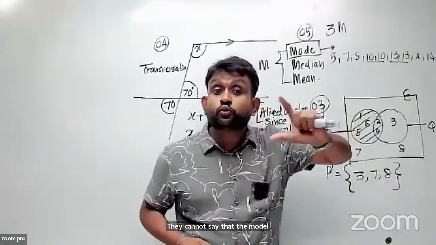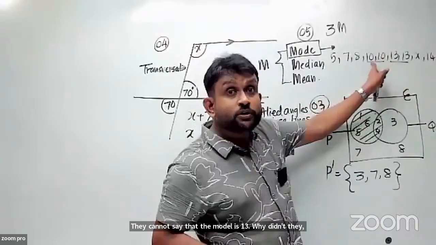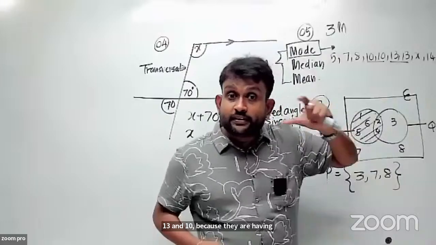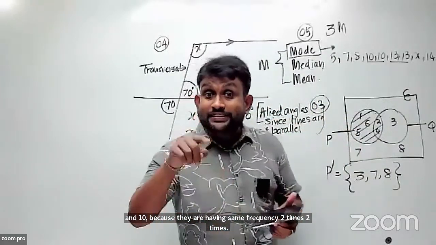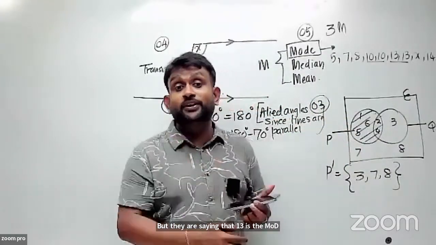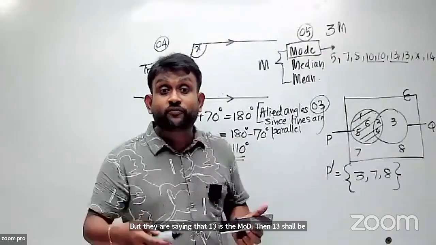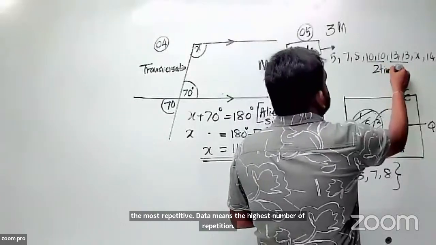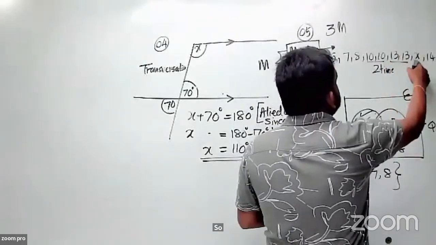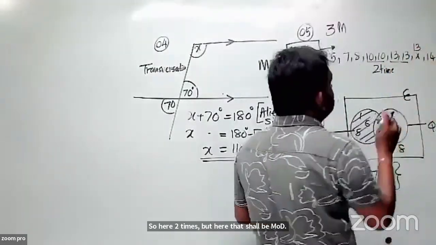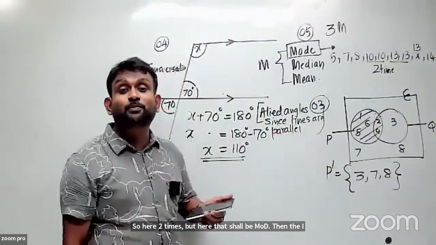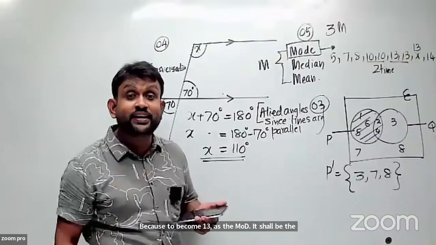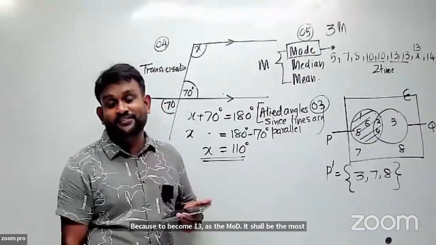Then they would have two mods, 13 and 10, because they have the same frequency, two times. But they are saying that 13 is the mod, then 13 shall be the most repetitive data, meaning the highest number of repetitions. So X shall be 13, because to become the mod, it shall be the most repetitive data.